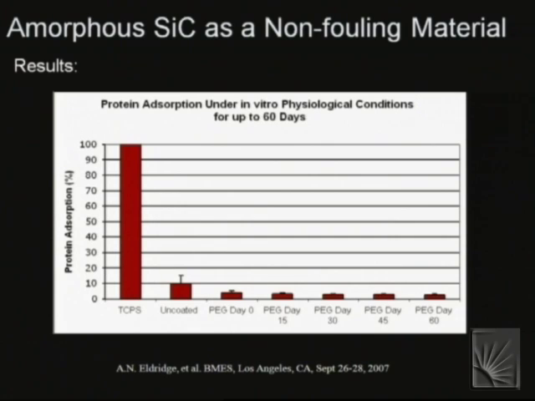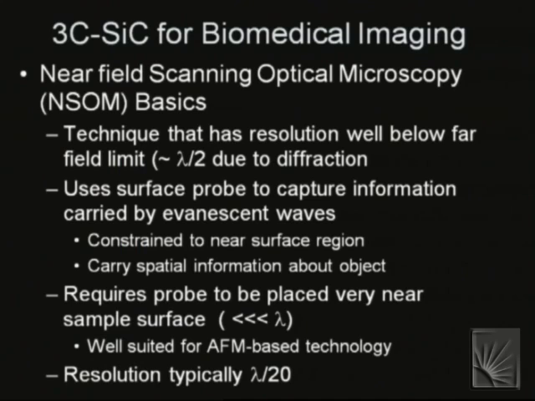These are PEG-coated ones, and then this is the control specimen, which I think is a polycarbonate. And you can see that the PEG coating under physiological conditions with respect to protein adsorption remains stable as well. It's very low and remains stable, especially compared to the control specimen. So we believe that there's a real opportunity here for using the amorphous silicon carbide as a non-fouling material.